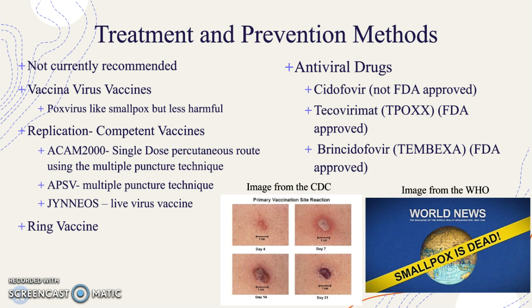There are also antiviral drugs, and I should note the one that starts with the T, tecovirimat, and the B one, brincidofovir. These have not been tested on people yet, but they have been tested on diseases that are similar to smallpox, and that's why they're FDA approved.